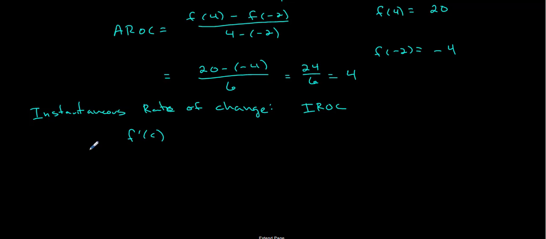Okay. What is the instantaneous rate of change? X cubed plus 3x squared minus 7x plus 49. Oh my goodness. X cubed what? Minus 3x squared plus 7x minus 49.